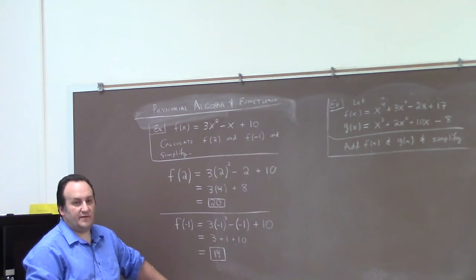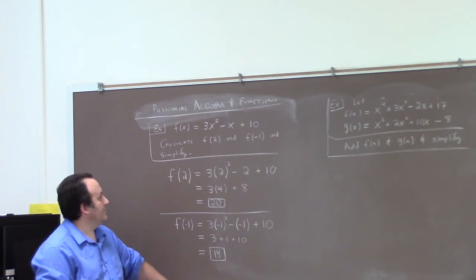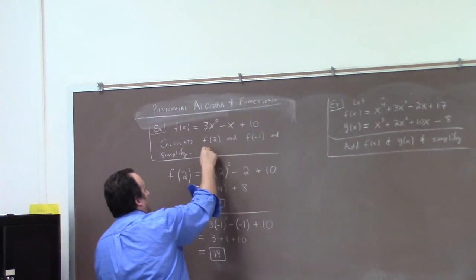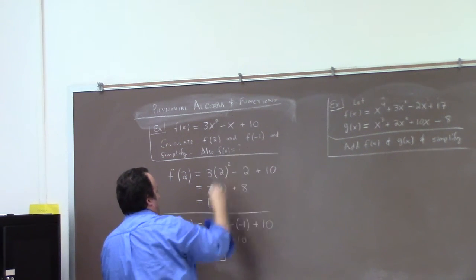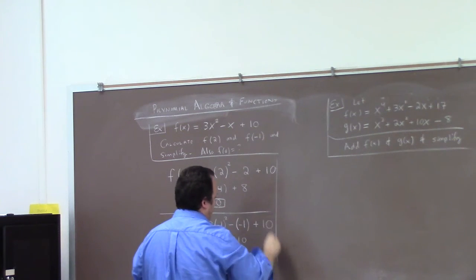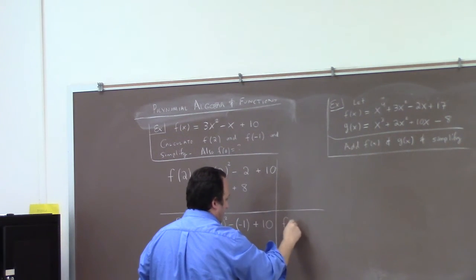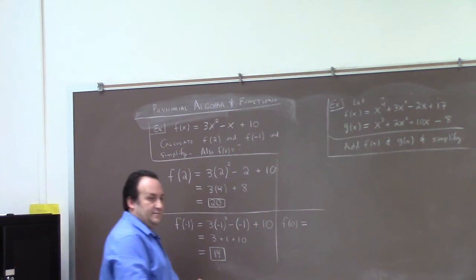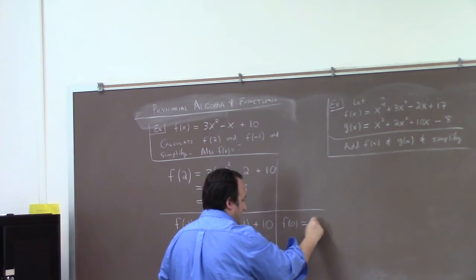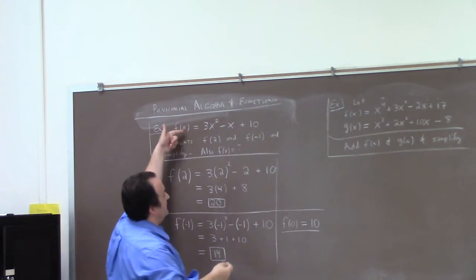What would be f of 0, by the way? What's f of 0? Yeah, f of 0 is 10. See, we don't need to think so hard about that one if you just look at the formula, right?